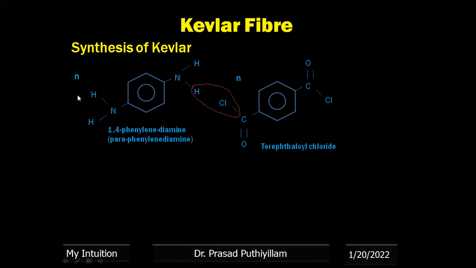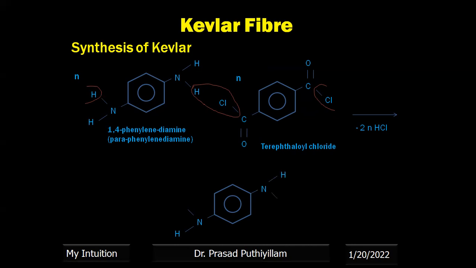One more H will combine with another Cl, and here Cl will combine with another H. So two HCl molecules will be condensed out and removed. Then I can draw the remaining structure. This hydrogen present here is removed, therefore I am not including it.